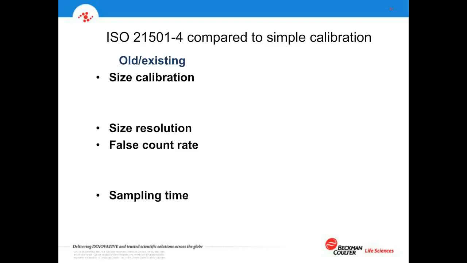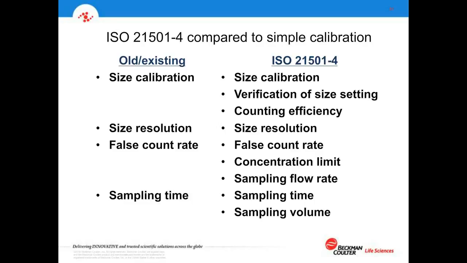standards. So again, we look at the old methods or even commonly simple methods of calibration compared to 21501, and we see that there's more tests involved, either in the design, in the production, or in the use at the end user site, that they meet these various aspects of it. And typically these calibrations are done once a year.